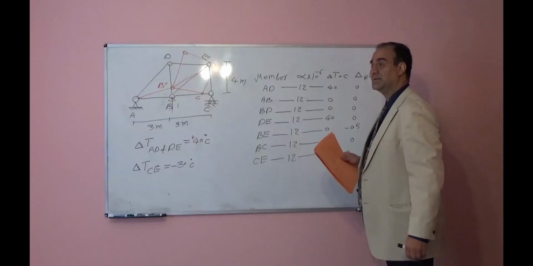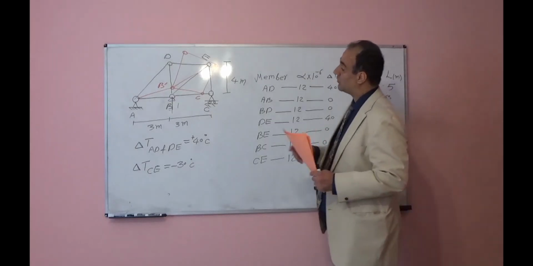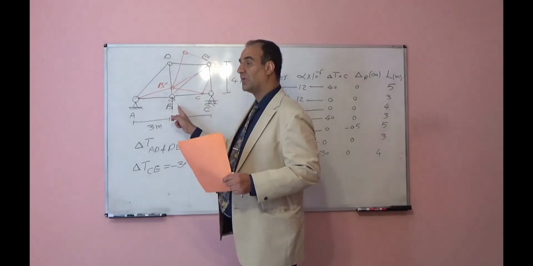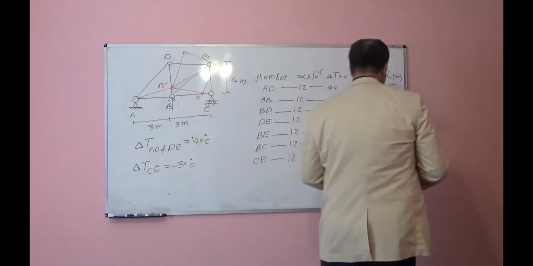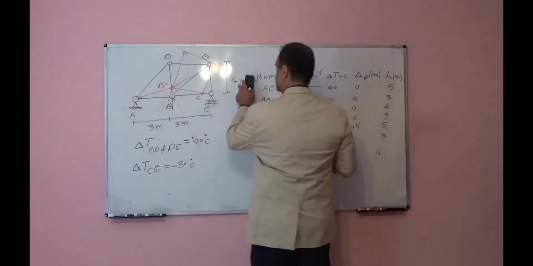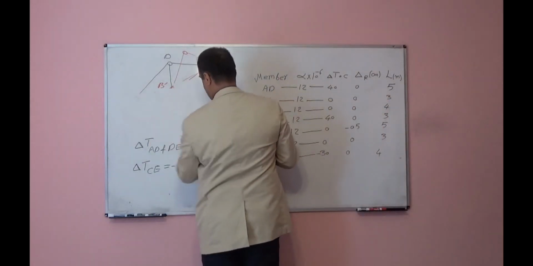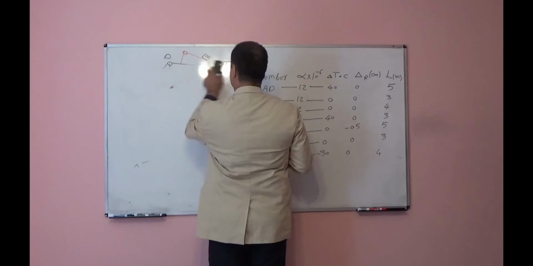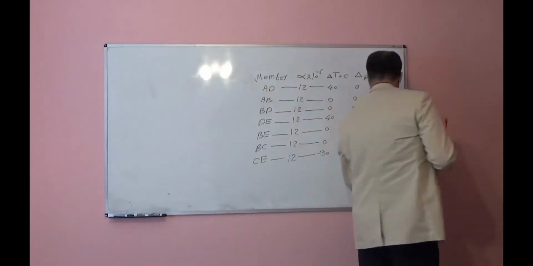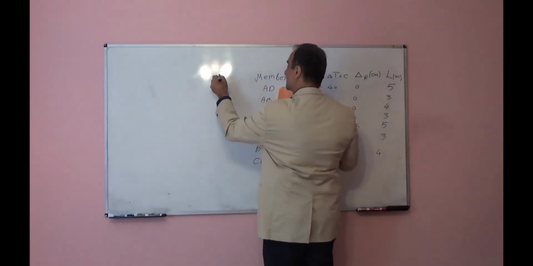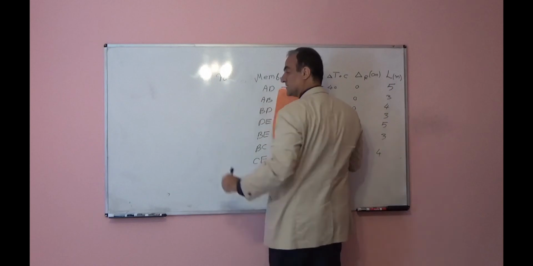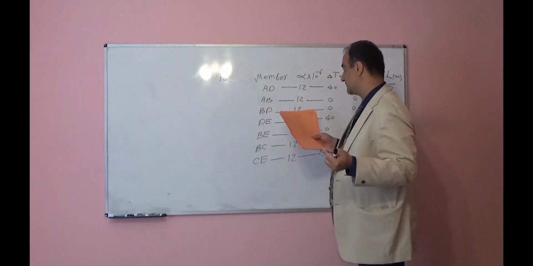Then you will find internal force for all these members under this virtual load 1. I don't have space over there, so I will create another column. This is internal force in all members because of that unit load.